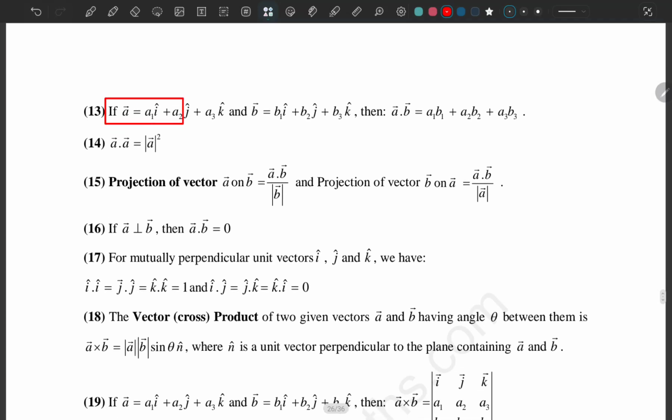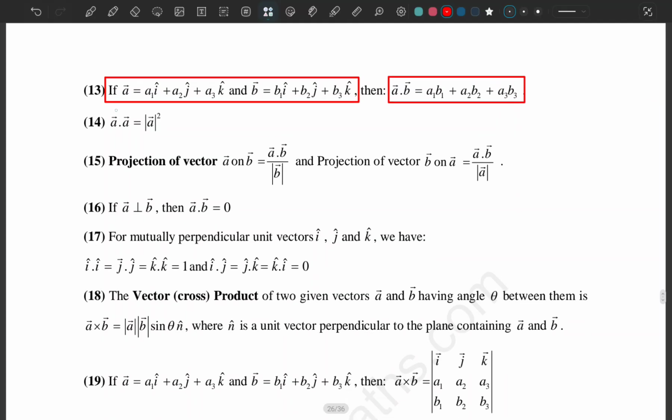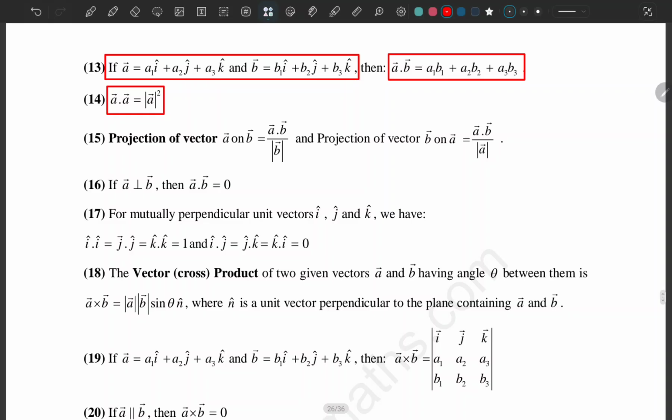And if a vector equals a1 i cap plus a2 j cap plus a3 k cap, and b vector equals b1 i cap plus b2 j cap plus b3 k cap, then a vector dot b vector is a1 b1 plus a2 b2 plus a3 b3. It's again very important. And a vector dot a vector is the magnitude of a vector whole squared.